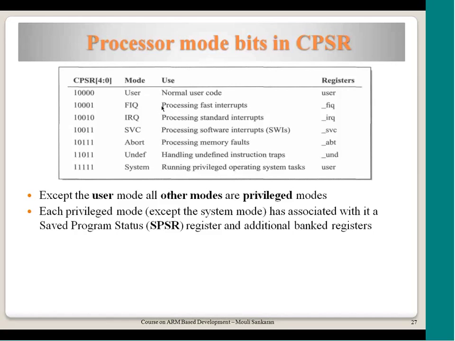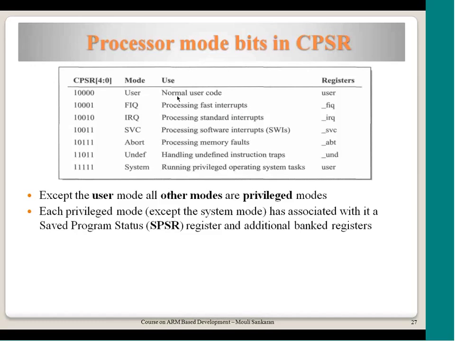But suppose the processor is moving from user mode to fast interrupt mode because of an interrupt coming. It will have another visible register called SPSR, where the CPSR is automatically copied into the SPSR register. Why is it done? Because when it is changing from user mode to fast interrupt mode, the original mode value was referring to the user mode, and now it is going to be changed to fast interrupt mode.